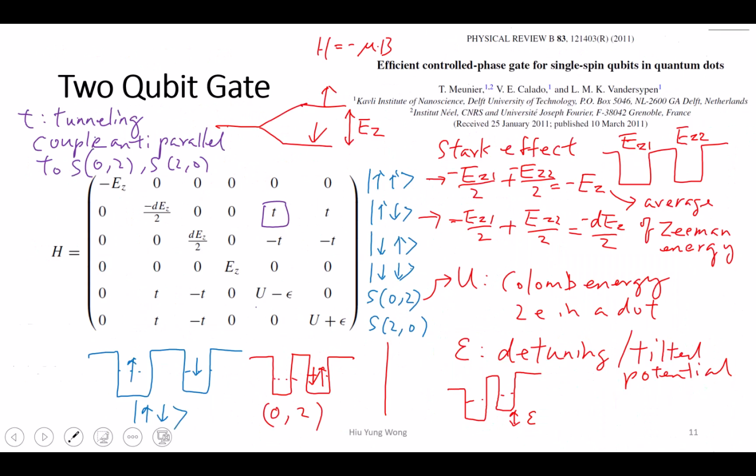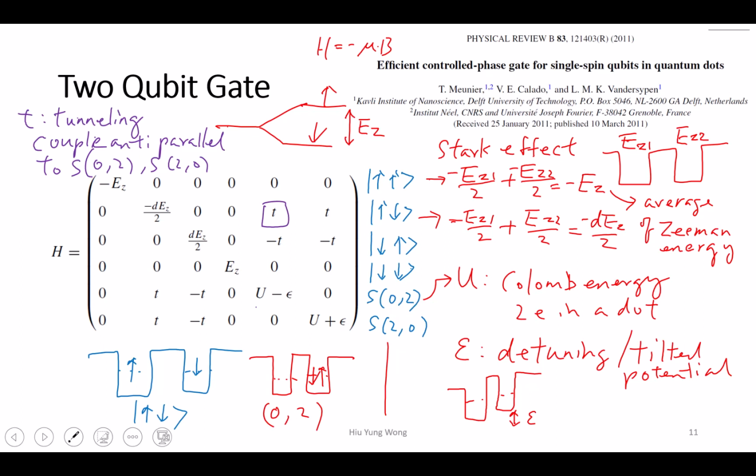Second, in order to do this entanglement gate, we actually need to explore the physics outside of our space. Our space is up, up, down, down, down, up, up, down. But we allow you to couple to these S states where you have two electrons in a quantum dot. That is the way that allows us to do the entanglement.